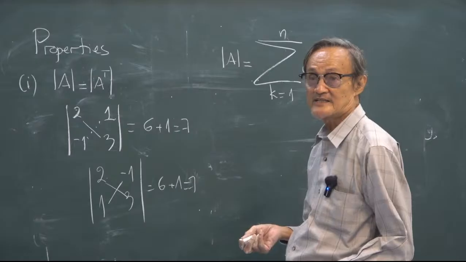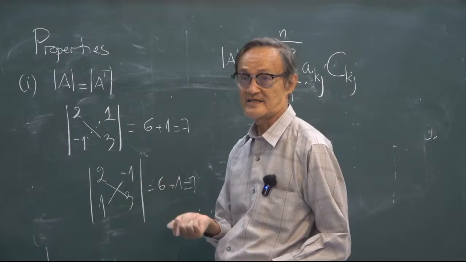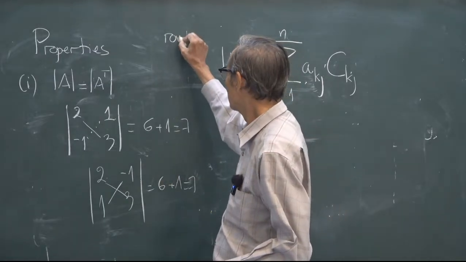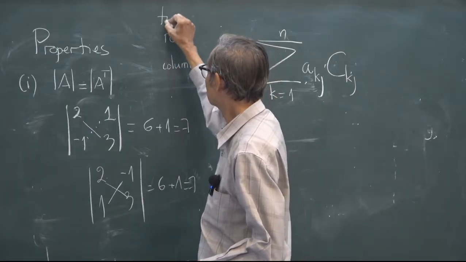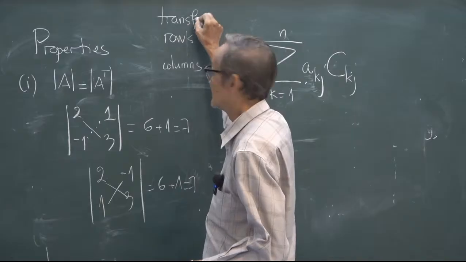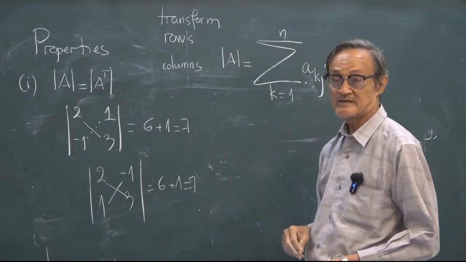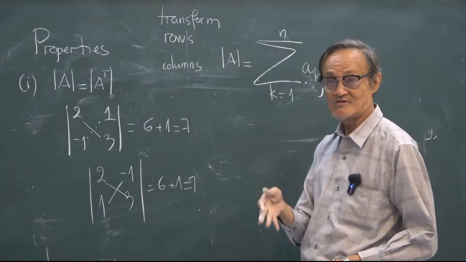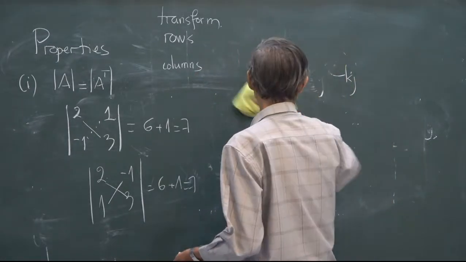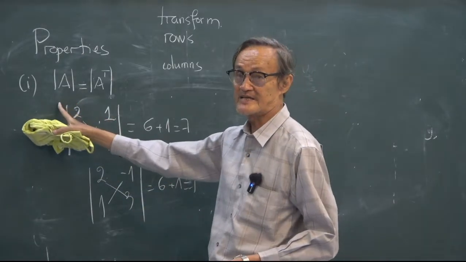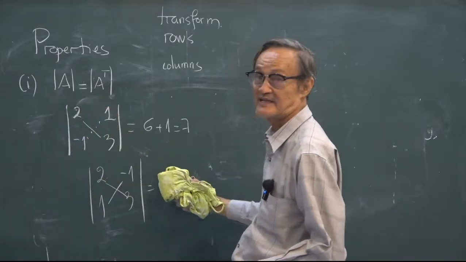So for determinants, we can transform rows or columns, since determinant of A equals determinant of transpose of A.